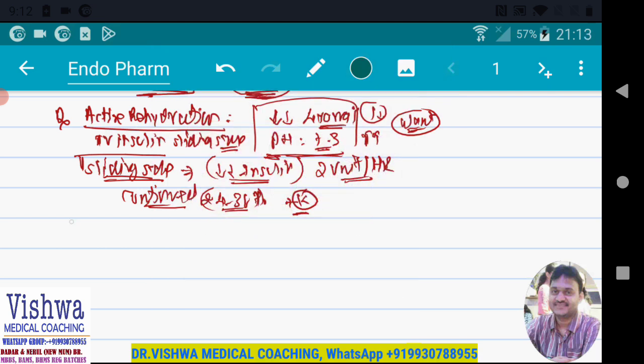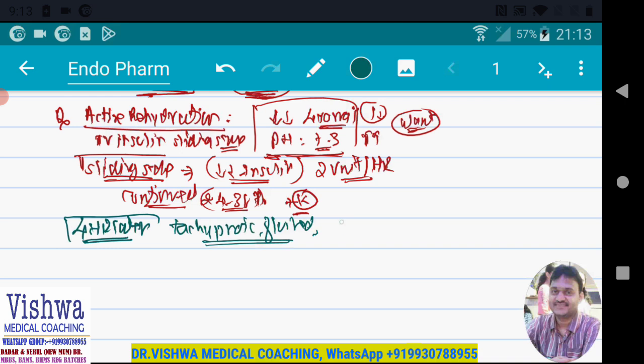Four hours later, the patient was found to be tachypneic, flushed. When the blood investigation was repeated, pH was 7.1, again becoming more acidic.